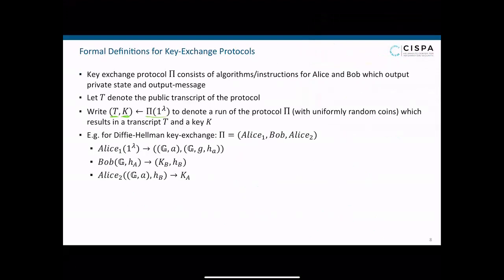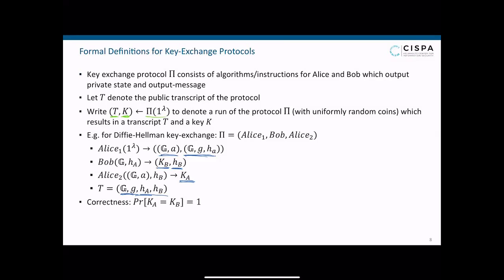LS1 just produces this private state here, G and A, this first message. Bob produces as an output this key KB, and this message HB, and LS2 just produces then the output KA. And the transcript consists of this, well, G, the generated G, HA, and HB.